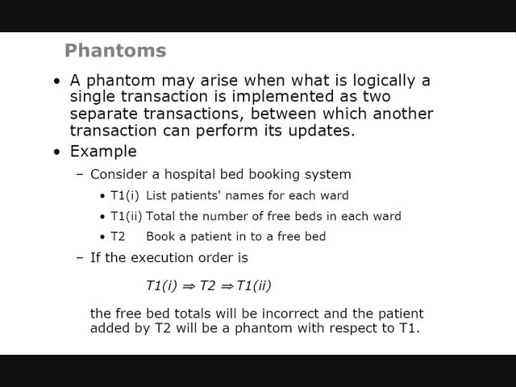And that will leave us with inconsistent data, because the first one is going to look at the total number of patients. Then we're going to book a patient into a free bed. And then we're going to look at the total number of free beds. So there will be an inconsistency between the list of patients and the number of free beds, because in between, someone else has booked a patient. So because we have not packaged things correctly, we end up with what we call a phantom read.